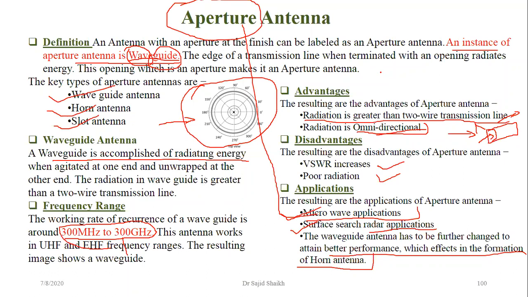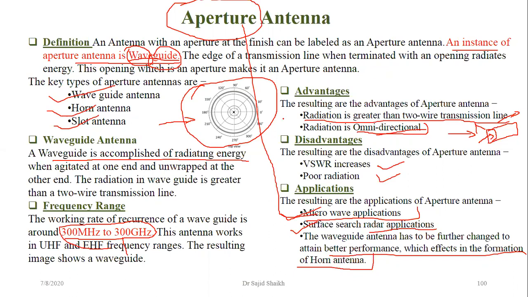The second important point is that these aperture antennas radiate the energy in a single direction, or omnidirectional. And the third important point is that this antenna has a frequency range from 300 megahertz to 300 gigahertz, right? So all these things are about the aperture antenna.